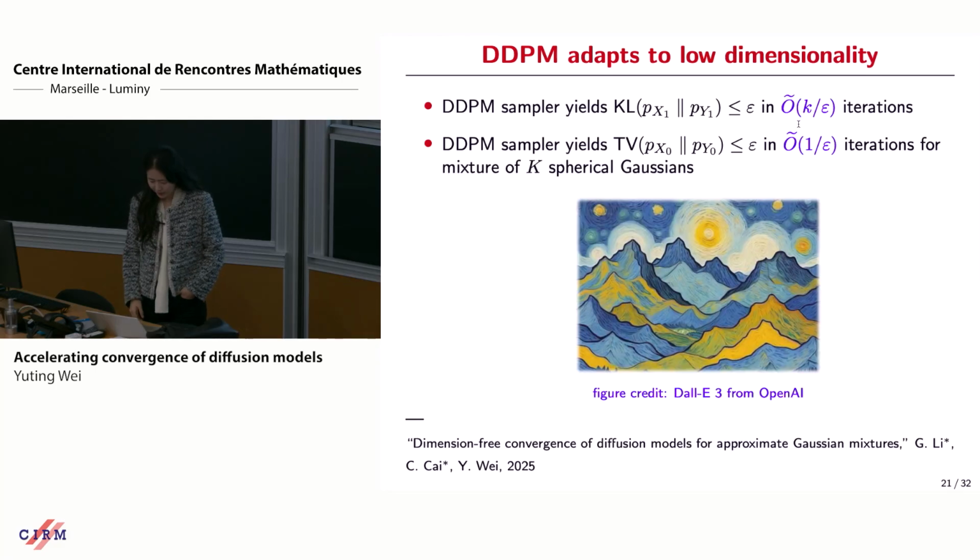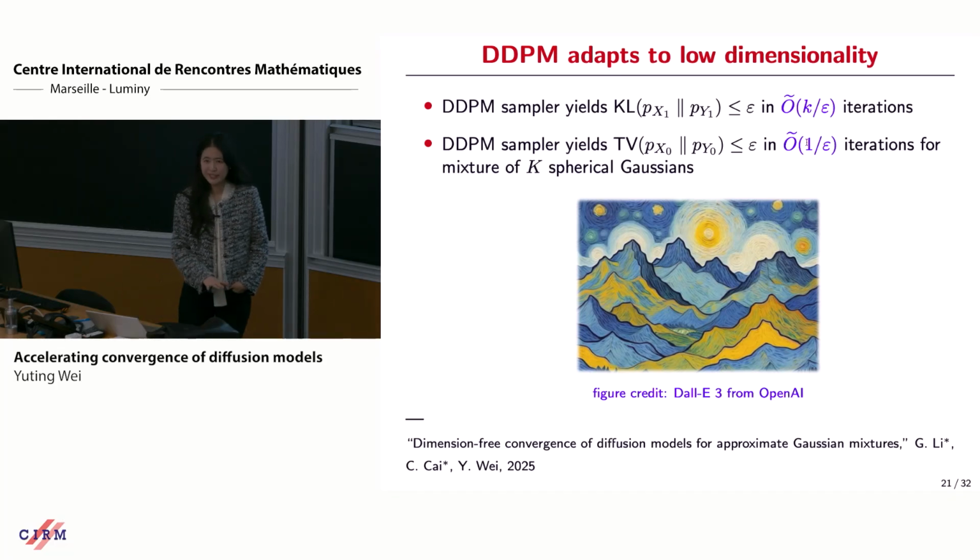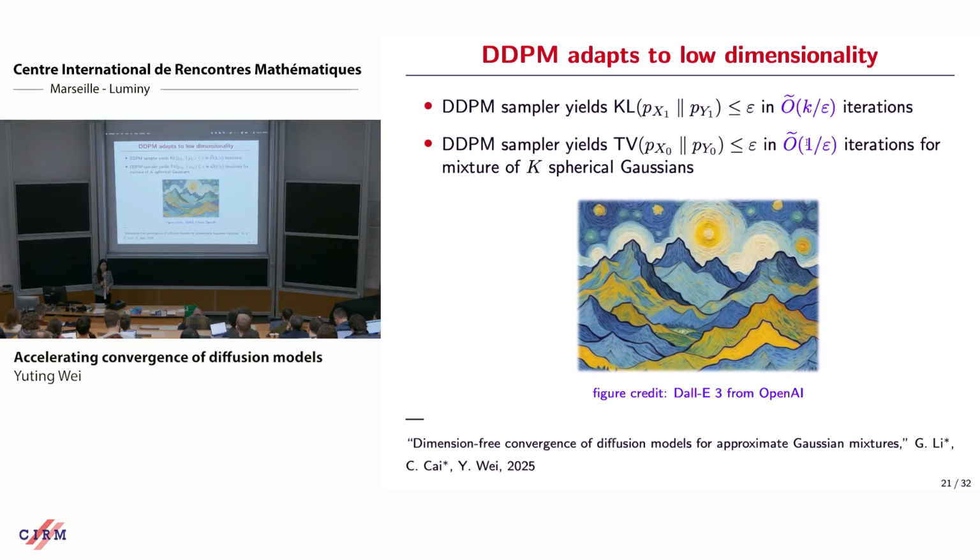Okay, for the other adaptivity result we have, the DDPM sampler in its original form satisfies that the iteration complexity, if your target distribution is actually generated from a mixture of spherical Gaussians, then the number of iterations, instead of d over epsilon, is actually 1 over epsilon up to log factor.